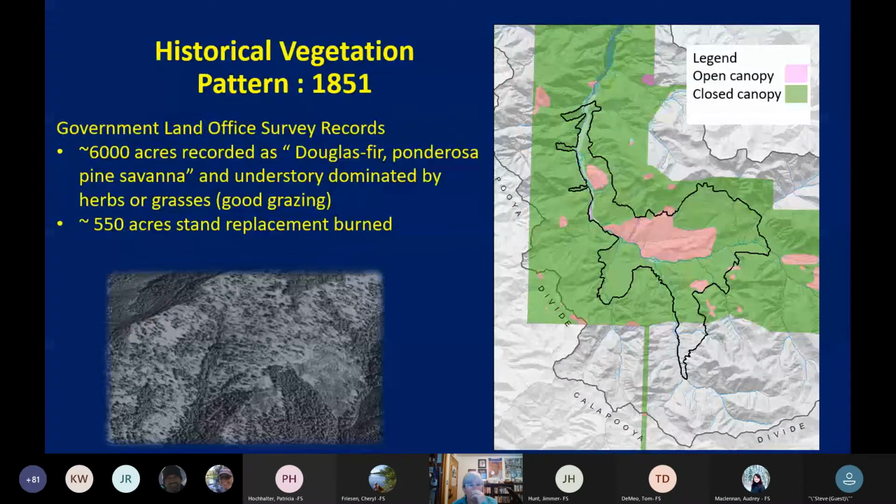And about 550 acres of this landscape were in open condition because of stand replacement fires. I do want to point out that these surveyors were really keying into certain elements and weren't really looking at potentially the less than stand replacement portions of fires. So it could very well be that fire influenced quite a bit more of this landscape than was recorded.